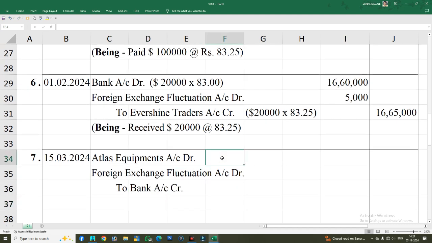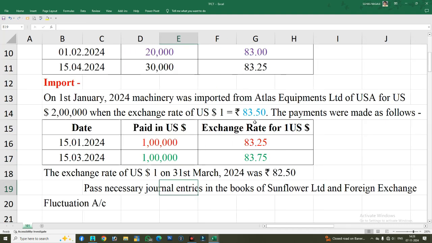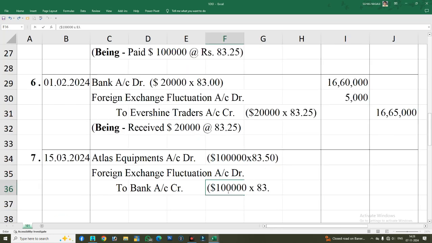Into bracket dollar 1 lakh into base rate 83.50. We can check again. In case of import, base rate was 83.50 and current rate 83.75.